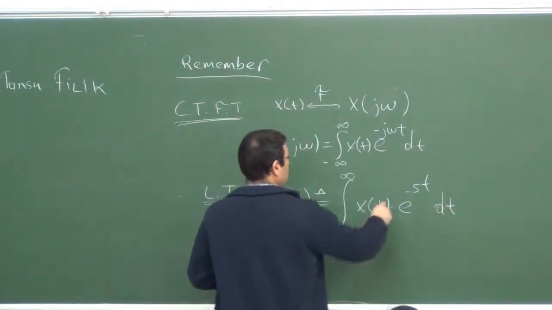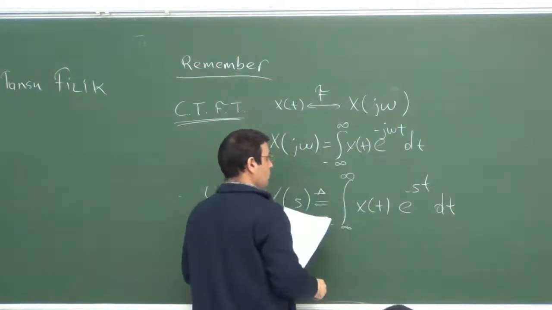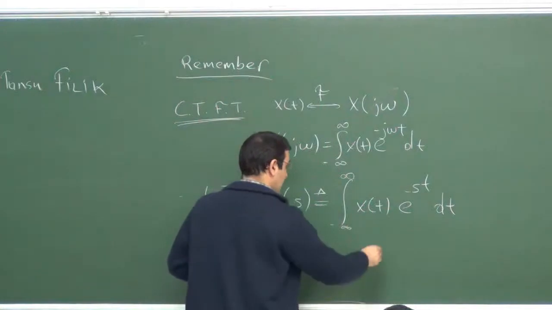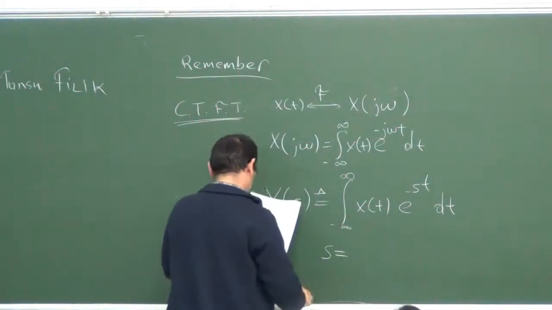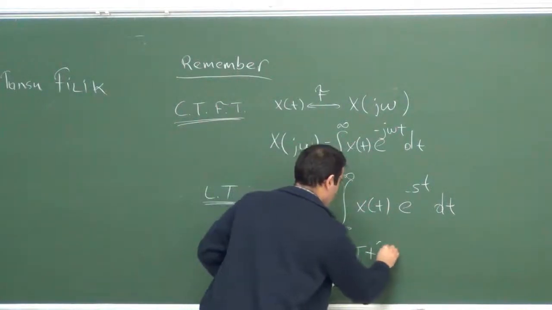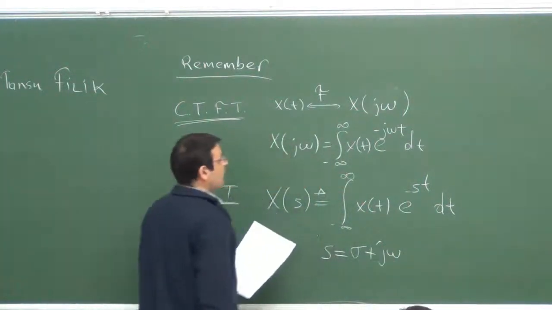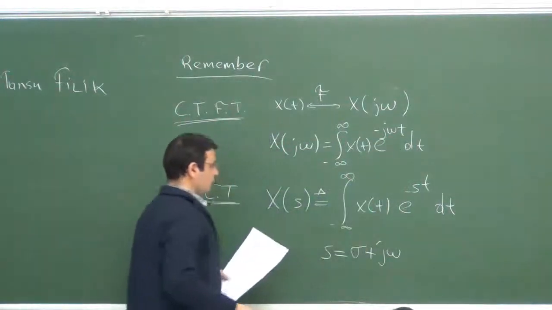In this case, instead of j omega, you define an s parameter, and this s is something like this. It's sigma plus j omega. Okay. So there is a real part and also the imaginary part, as in the Fourier transform.